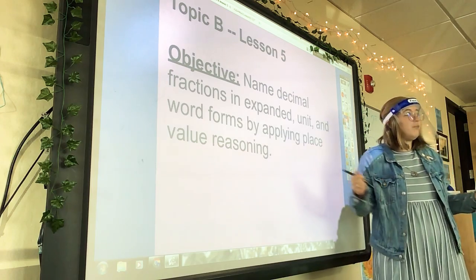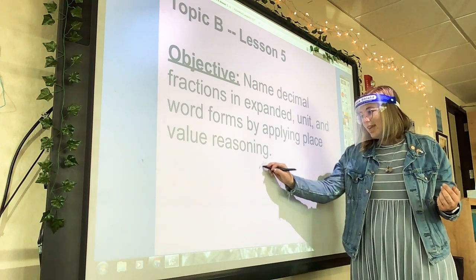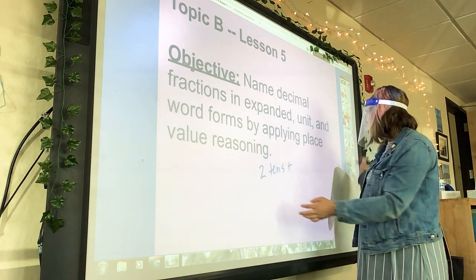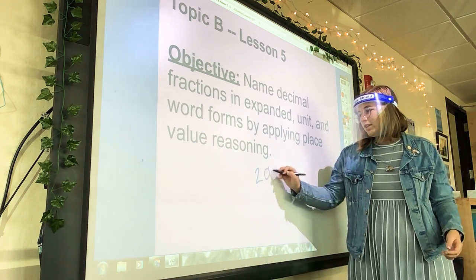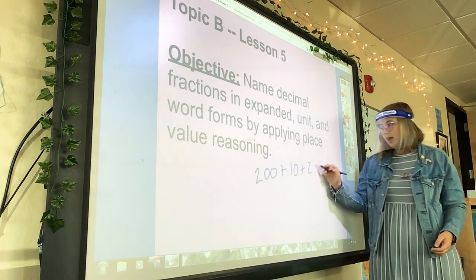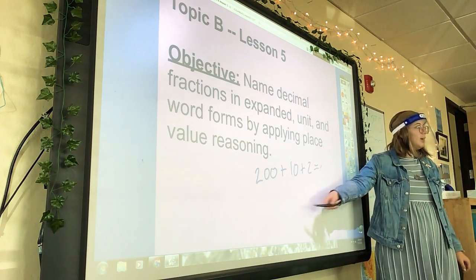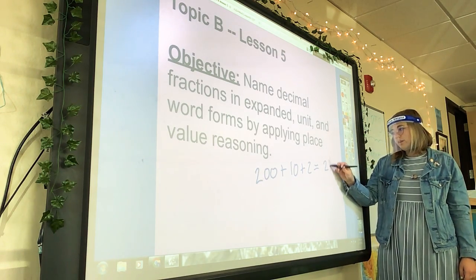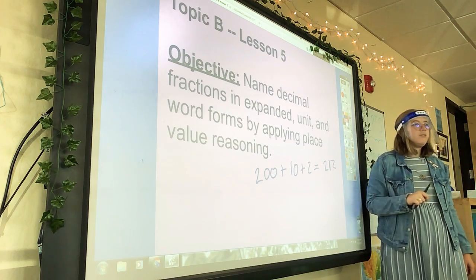You guys remember expanded form from last year, right? Where we say like 2 10s plus, or that's unit form, sorry, my bad. 200 plus 10 plus 2, that's expanded form, which in standard form would be 212. Unit form, is this familiar?